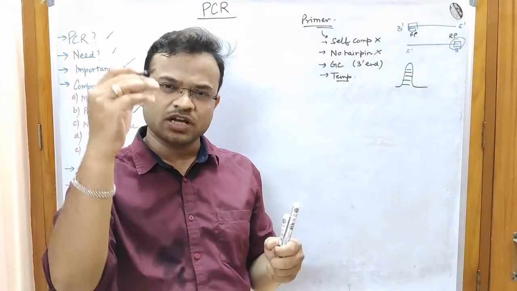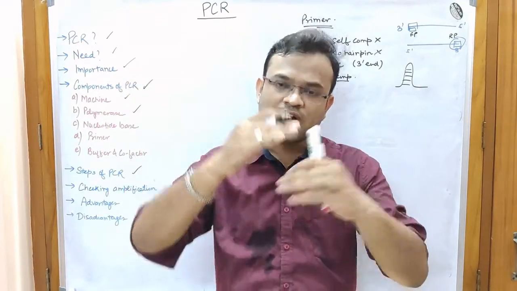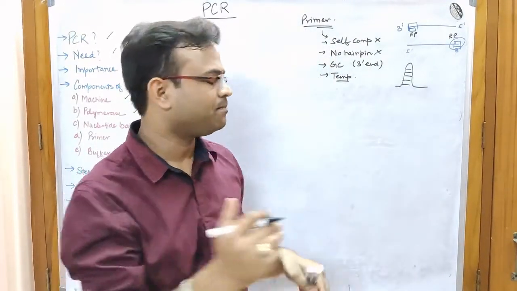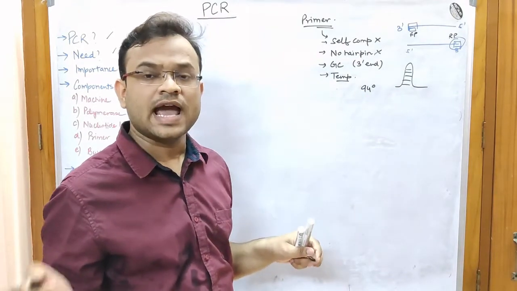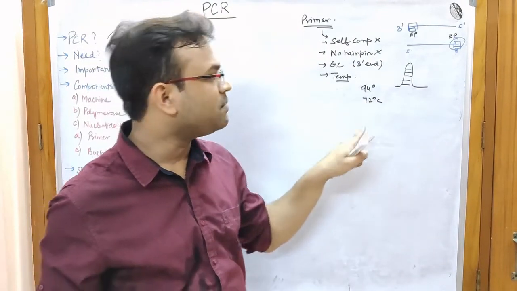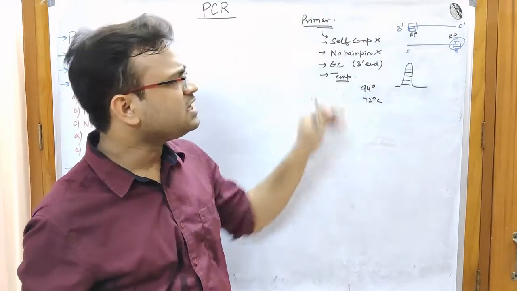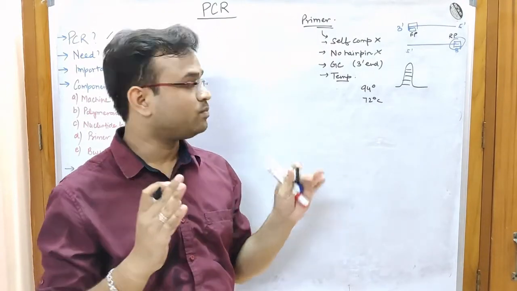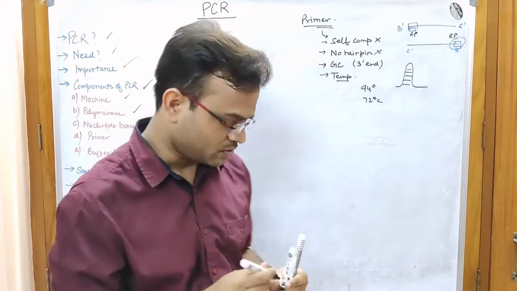So the temperature of a particular step, that is denaturation, should be far away from the temperature of the annealing of primer. Suppose the temperature for denaturation is 94 degrees centigrade, and suppose the annealing temperature is 72 degrees centigrade, then it is okay. But say the annealing temperature is near to the denaturation temperature, then it will also create a problem. So these are some of the important points that you need to keep in mind before designing the primers for your reaction. Okay.